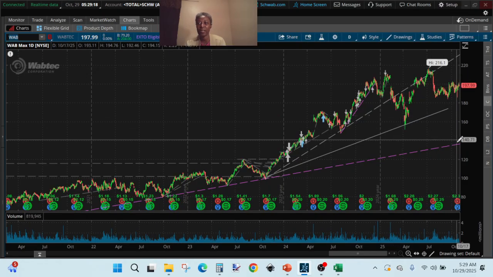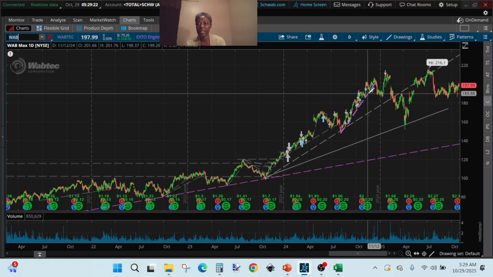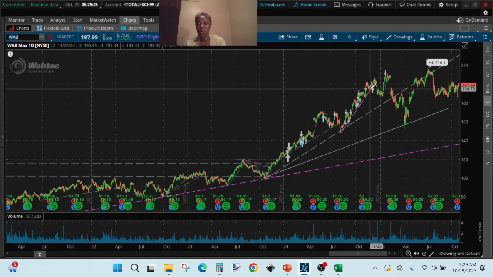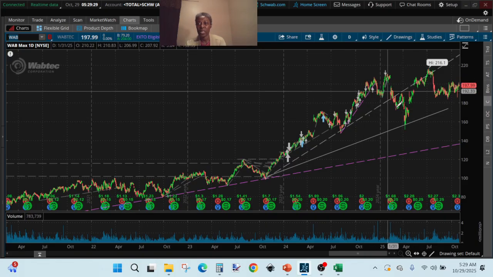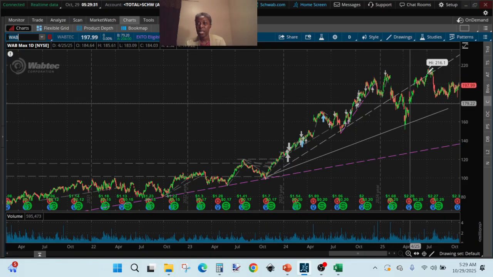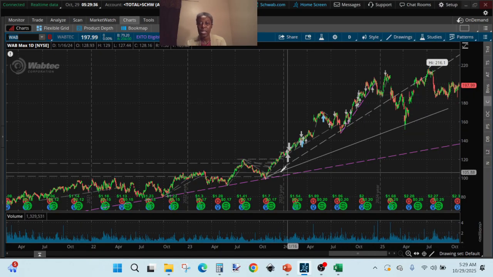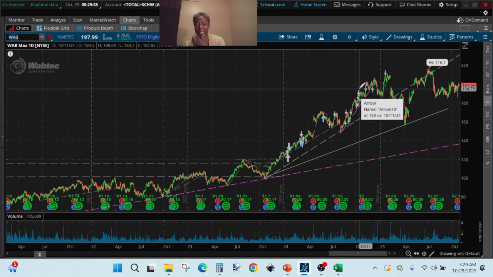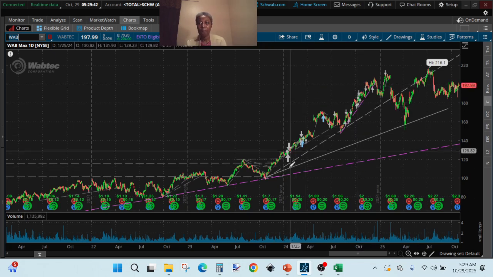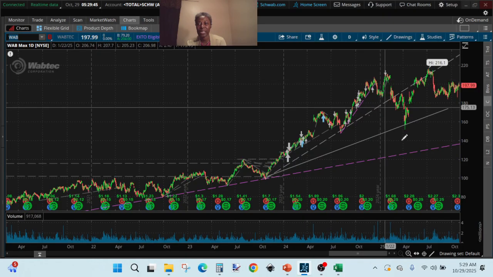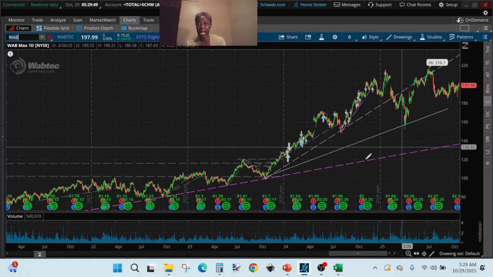Or if it's not yet down completely, still selling it somewhere here will be a good idea, because you can see that when they pulled back down and then went back up, even at this level, it's still below it. So those are things, by analyzing the same stocks over and over and over, you'll know the ones that make those tall mountains. The taller the mountain, the more pronounced the valley, the dip, is as well.